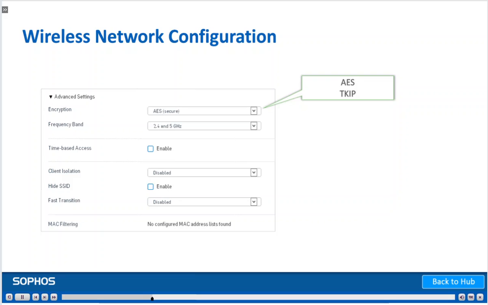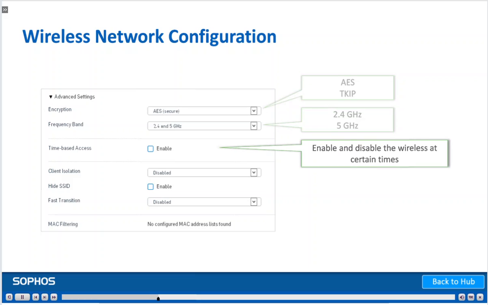This can be AES, which is the most secure, or TKIP, or a compatible mode which supports both AES and TKIP. The frequency band setting allows control over which radios are enabled in the access point. Options include enabling the 2.4 GHz radio, the 5 GHz radio, or both radios simultaneously.